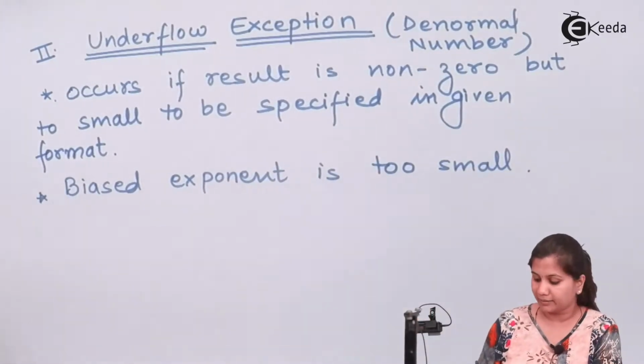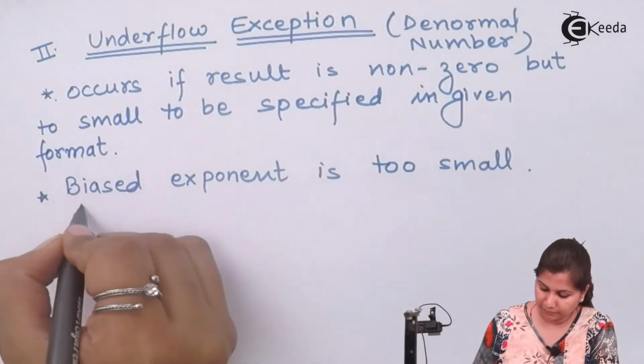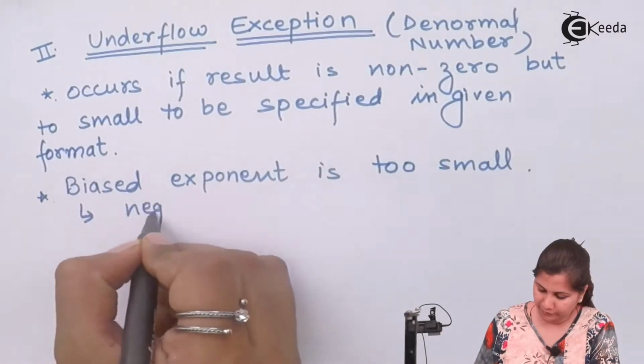The example is that the biased exponent is too small. So after biasing, the exponent has become a negative number.